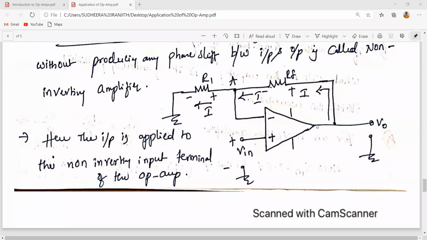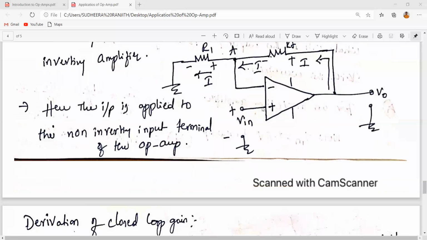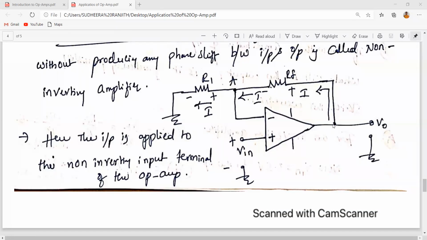Then the current starts flowing from output to input. The current flowing through RF is I, from output to the inverting input of the op amp.